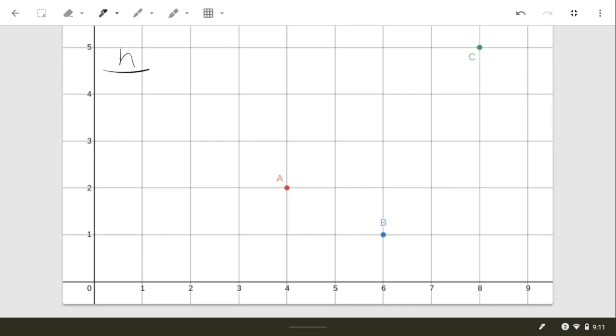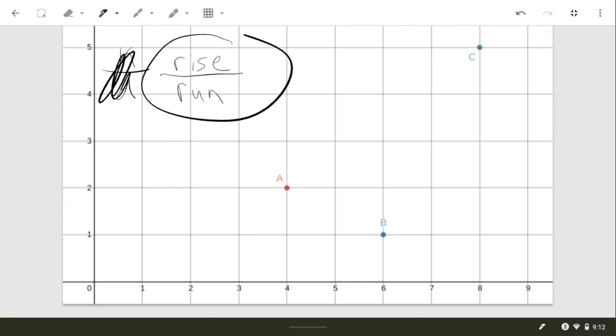The top number of the fraction is how much it goes up and down, the rise, and the bottom number of the fraction is how much it goes left and right. I think it's pretty natural. We can tell pretty easily whether the slope is positive or negative. That's why I like to think of it as a fraction. It makes it just two numbers, pretty simple to calculate. The top number is how much it goes up or down, and the bottom number is how much it goes across, left and right.